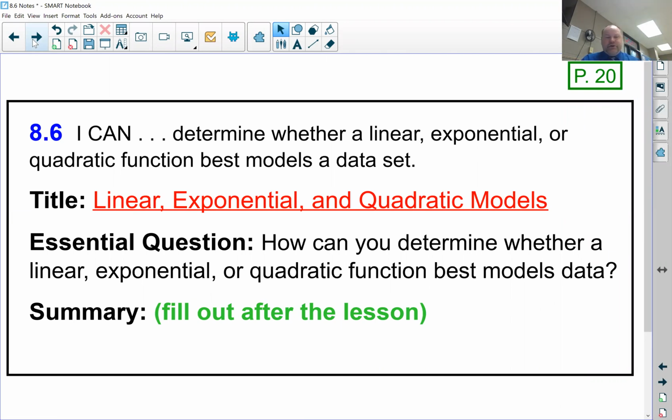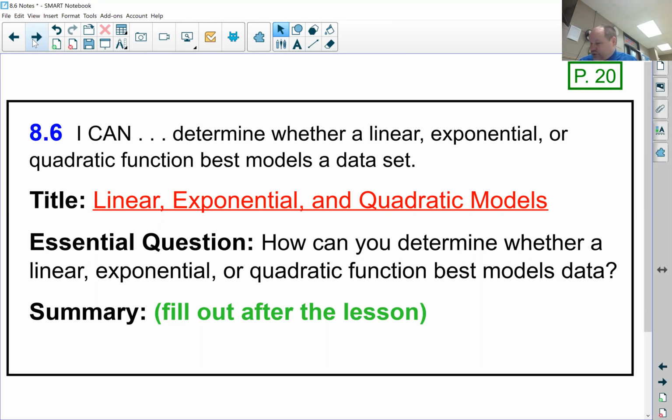All right, so today we're going to finish up chapter 8. The lesson is on determining whether a linear, exponential, or quadratic function best models a data set, and looking at different ways of modeling data, whether it's graphing or a table of values or a symbolic representation.